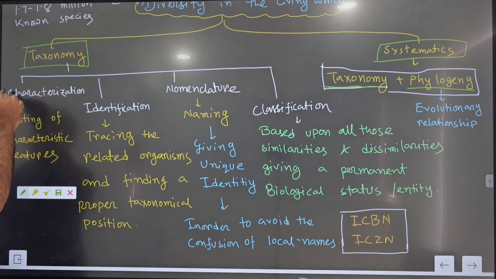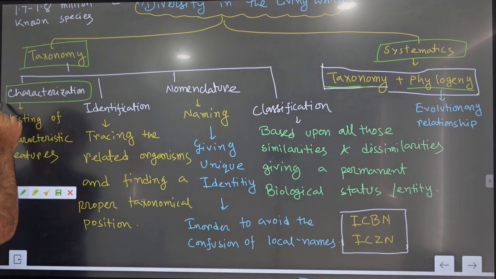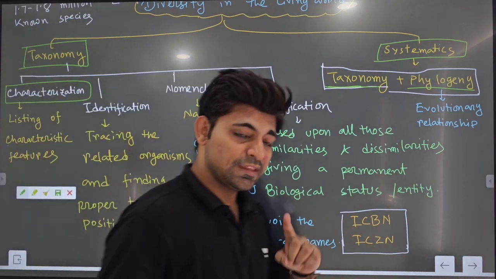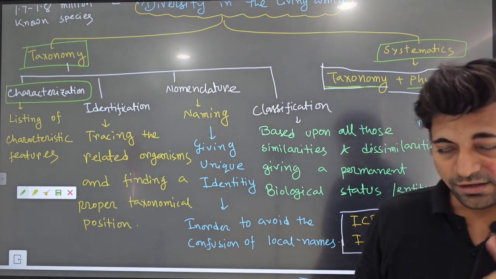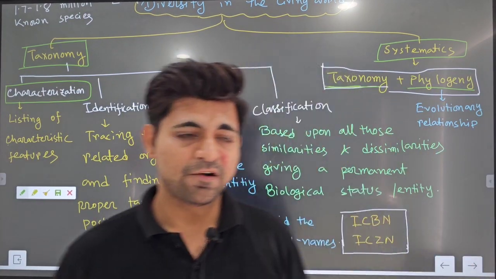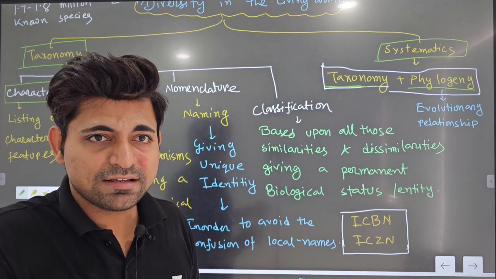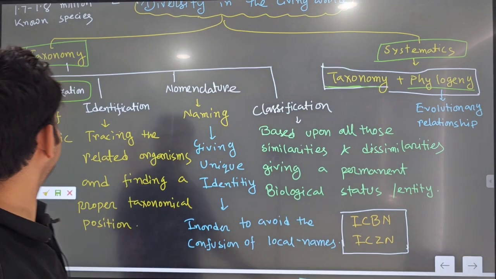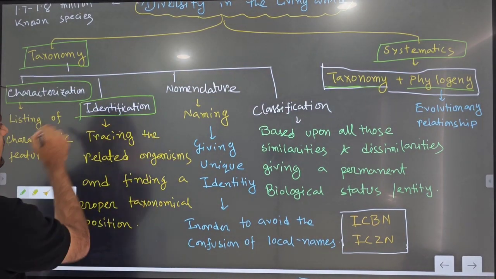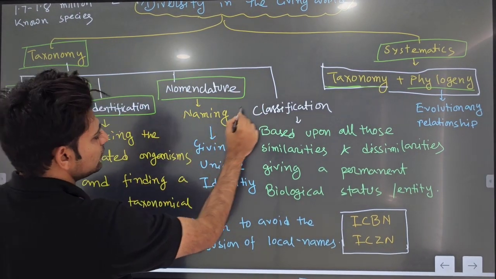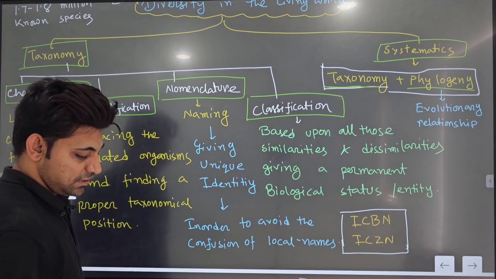Taxonomy includes characterization, or it's basically listing the similar kind of characteristics, then identification, nomenclature, and then classification.